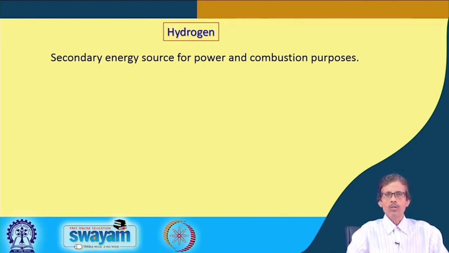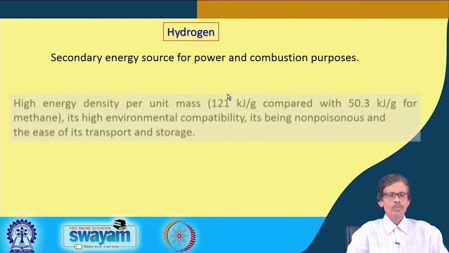That means it should not have a very high production cost. We can have this for power production as well as for different combustion processes, because hydrogen can be utilized in the presence of something where we can go for its combustion process.